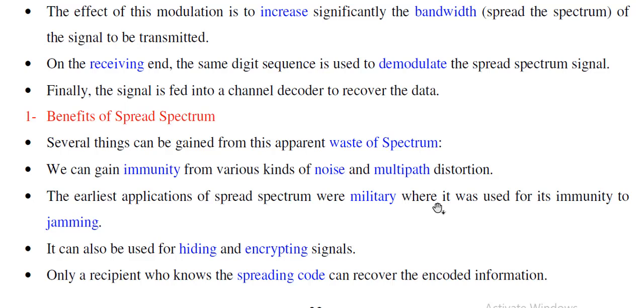But of course, the idea, especially if you are in the military applications, is to gain an immunity against noise, against jamming, against interception, reading the data or the signals that we are sending. So we are wasting the bandwidth, but we are gaining immunity in terms of jamming and interception.